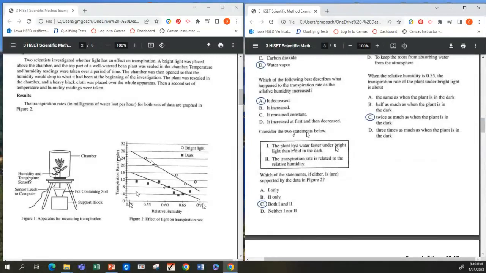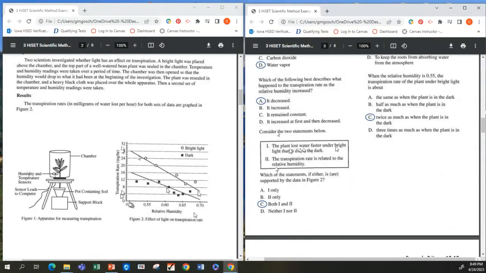Okay, consider the two statements below. The plant lost water faster under bright light than it did in the dark. Yeah, the bright light had higher rates of transpiration than in the dark. That's true. That makes sense. The transpiration rate is related to the relative humidity.